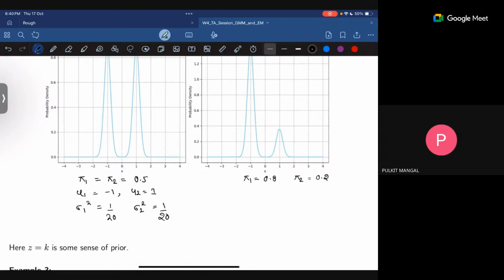That's why choosing a component is called the prior probability. From Bayesian estimation, if you remember, the prior probability is the belief that we have before.